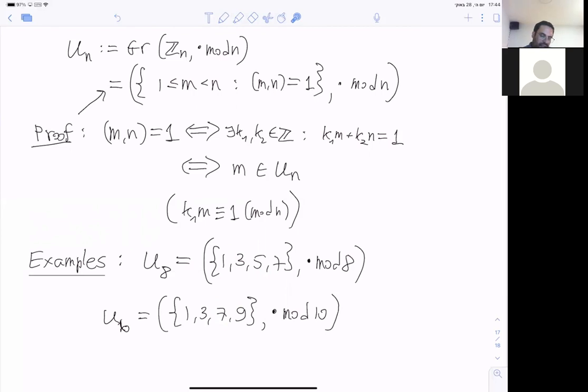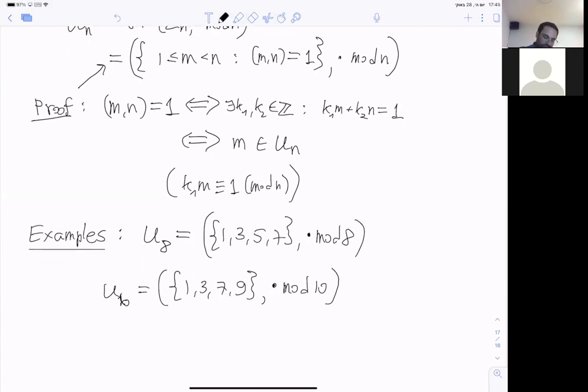Now, why did I bring you these two examples? Because at first glance, it seems that these two groups are isomorphic, that you can find some map, injective and surjective, from one to the other that preserves the operation. But the truth is that they are not isomorphic. We will talk about it later, but you can see immediately that one of these is cyclic while the other is not.